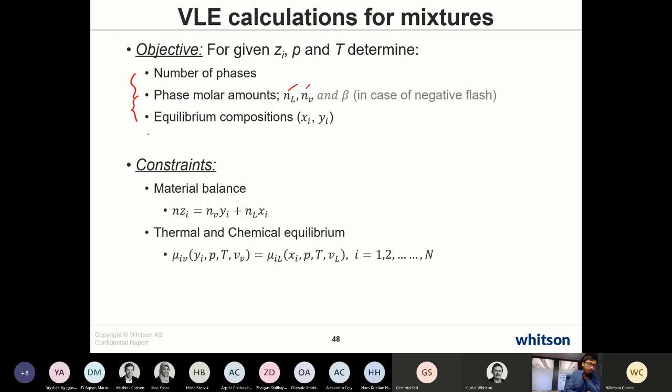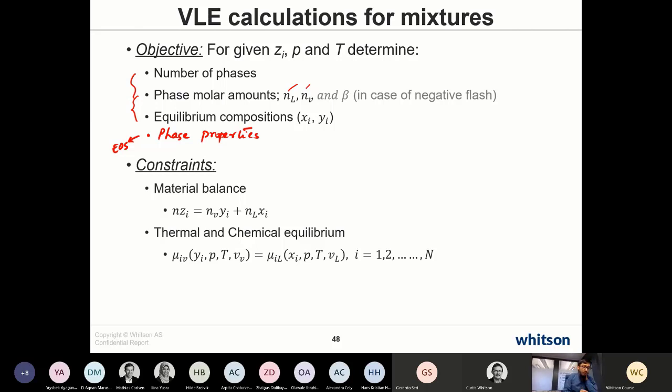Yeah, I think here there should be an additional thing, and that's the phase property. Meaning that you need densities, for example, so that you get your equation of state model to be used to get those numbers, the densities of the phases, like the liquid phase and the vapor phase.